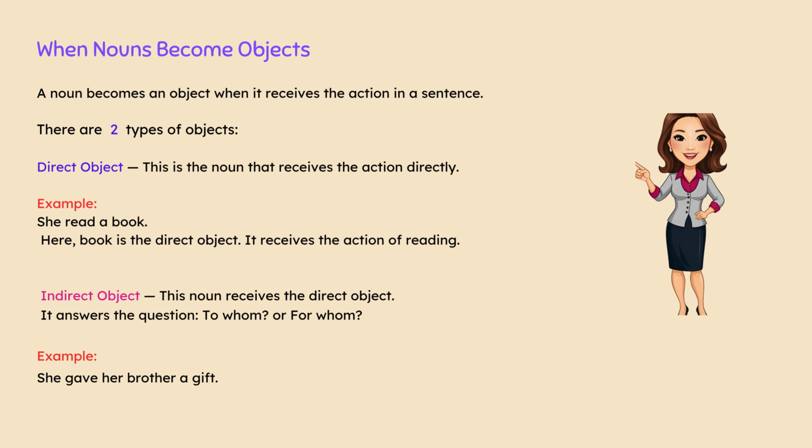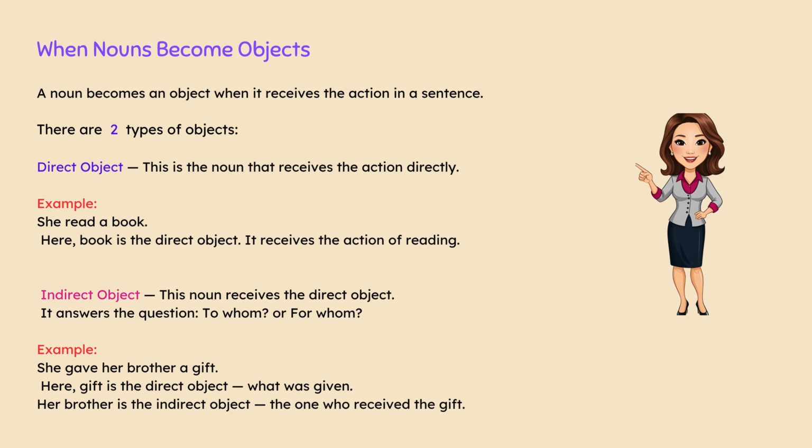Let's learn what happens when nouns become objects. A noun becomes an object when it receives the action in a sentence, not when it does the action. There are 2 types of objects. 1. Direct object. This is the noun that receives the action directly. For example, she read a book. Here, book is the direct object.